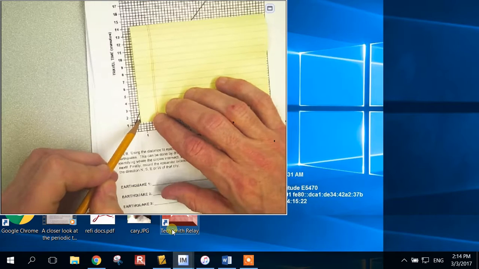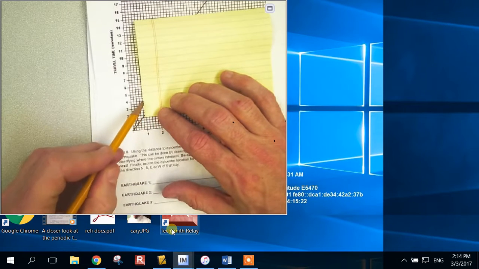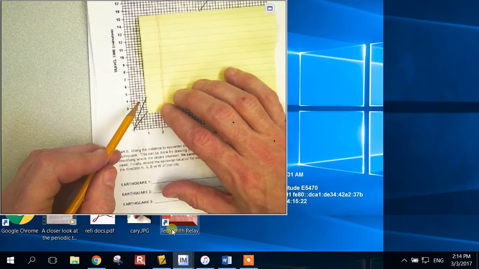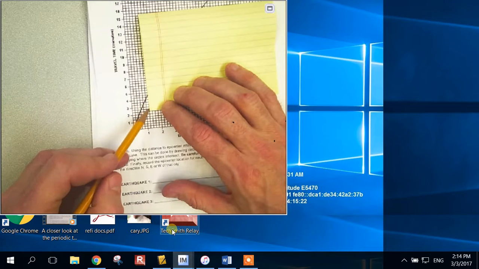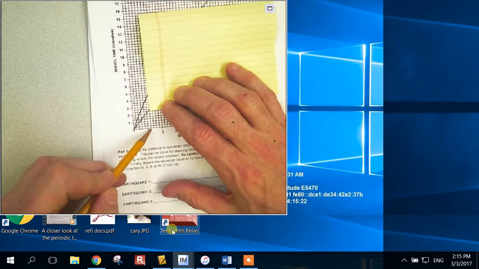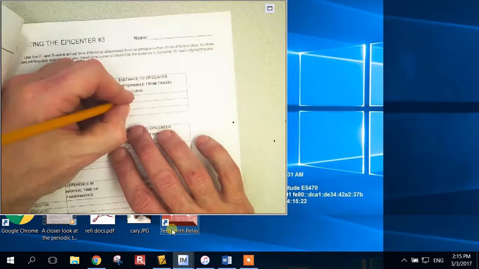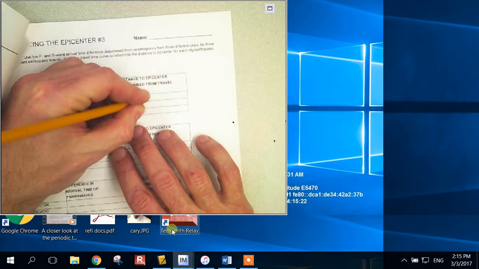I want to move this up until the top mark that I made at 2 minutes hits the S wave line, and it does right at that point. And once it does, I go directly down, and that is 1,200 kilometers. So going back to this page again, 1,200 kilometers.